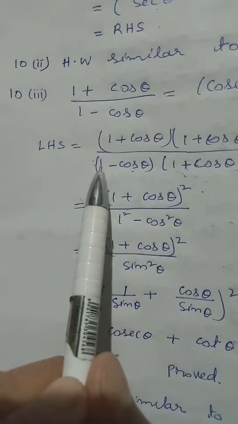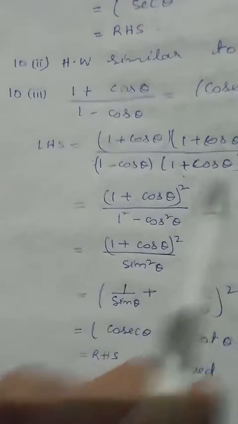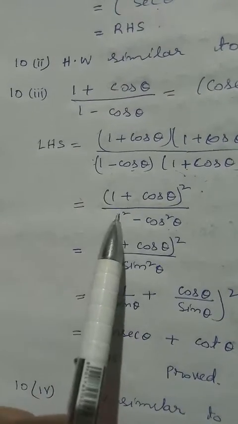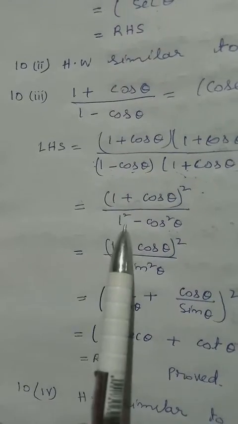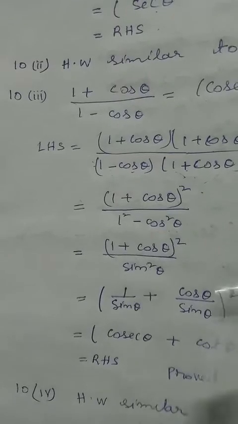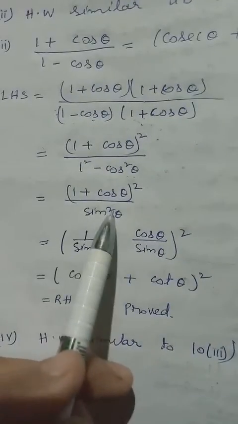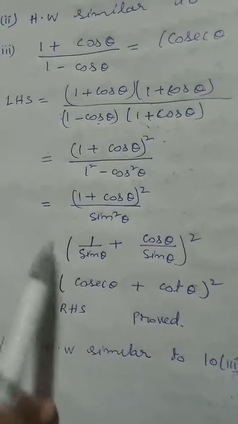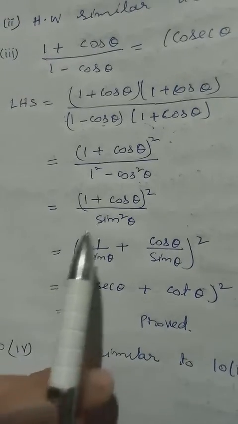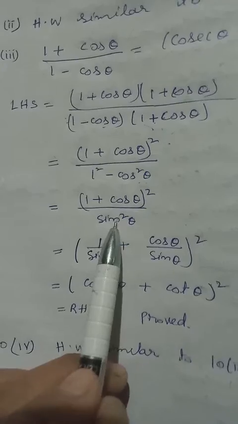Down we can apply formula a minus b, a plus b. It will be a square minus b square. 1 into 1, 1. So from the identity, 1 minus cos square theta is equal to sine square theta. Now we have square up and down, we can take common. Then we don't want cos, we don't want sine, so let us separate them. Separate the LCM.